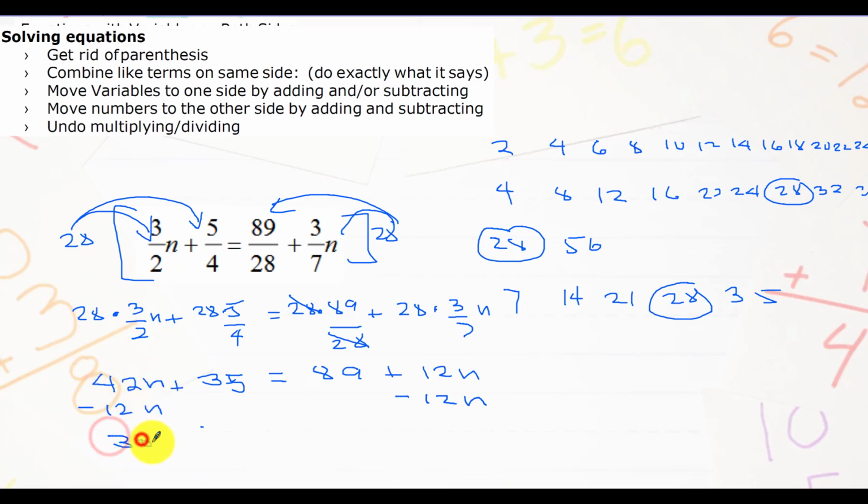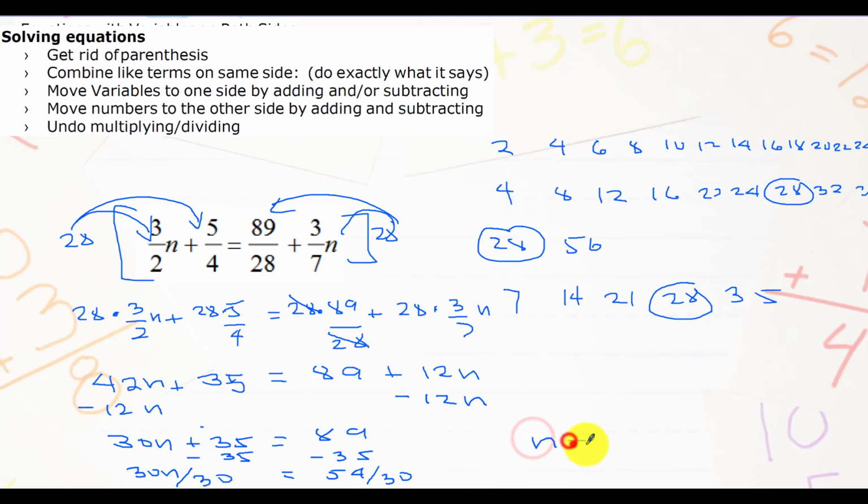We'll get 30n plus 35 equals 89. And here, subtract 35 from both sides. So 89 minus 35 is equal to 54. This is equal to 30n. Then divide by 30 on both sides.